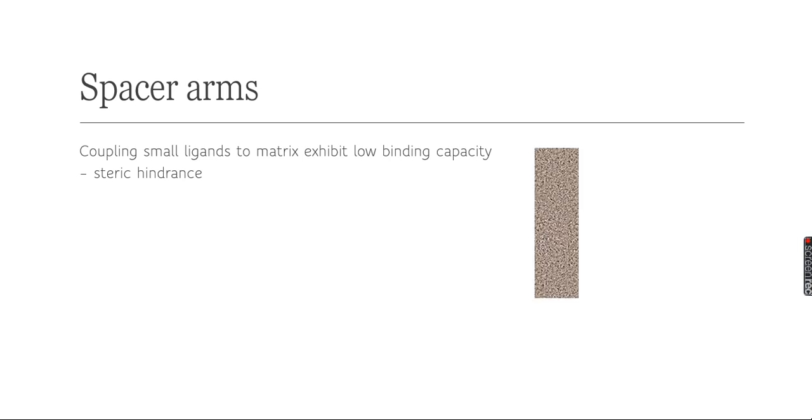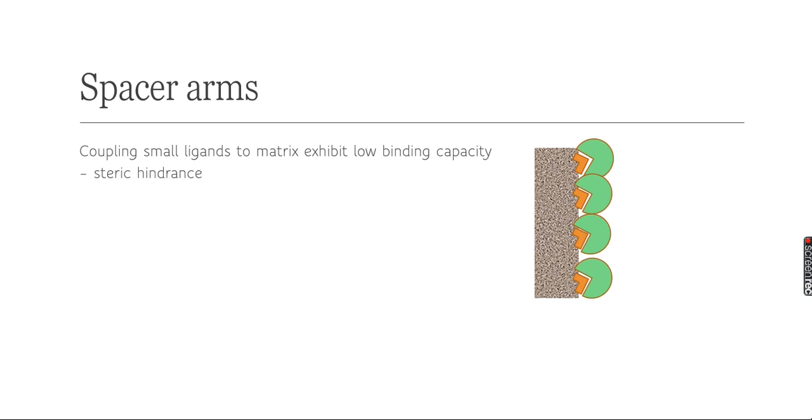Steric hindrance means, for example, this is your matrix and we are attaching our ligands like this, and these are the target molecules. It may happen that the close proximity of those ligands binding with the matrix forces those specific molecules to come very close to each other, which is not possible. So steric hindrance is there, and binding is not really good.